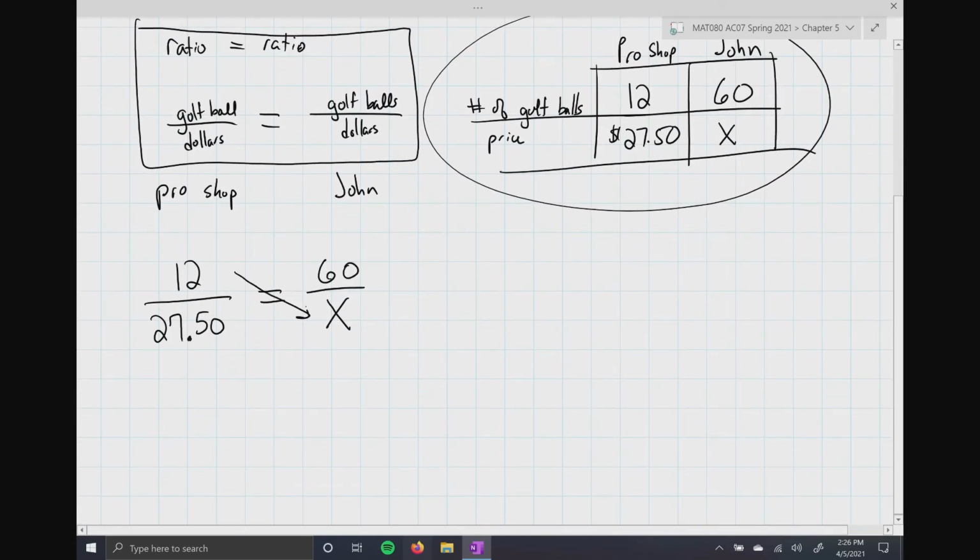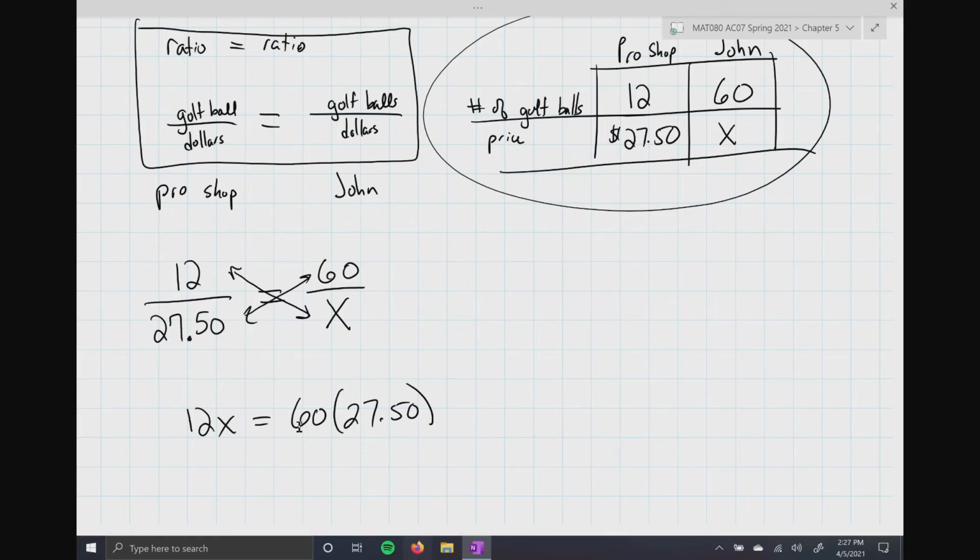So we cross multiply. 12x equals 60 times 27.50. Now I'm going to cheat a little bit here, only because we're kind of pressed for time.